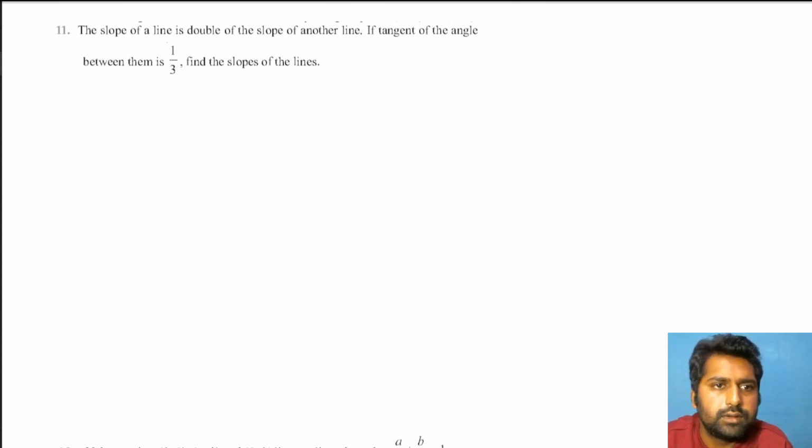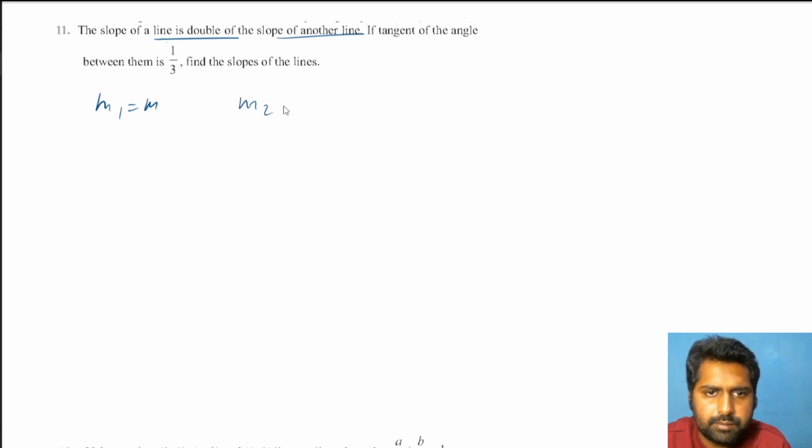Okay, this time he's saying the slope of a line is double the slope of the another line. So you have some slope, let's say for m1 you have slope m. So for slope m2 you have 2m, double. He is saying tangent of angle between them, means he is talking about tan alpha, and it is given as 1 by 3.